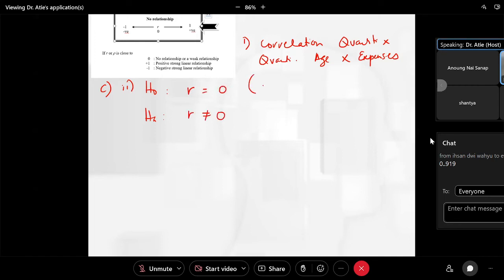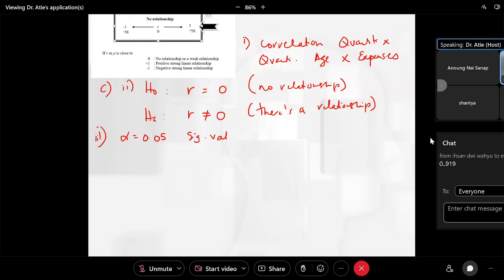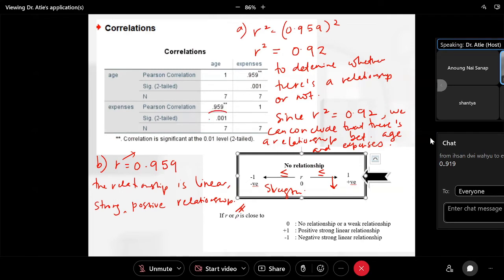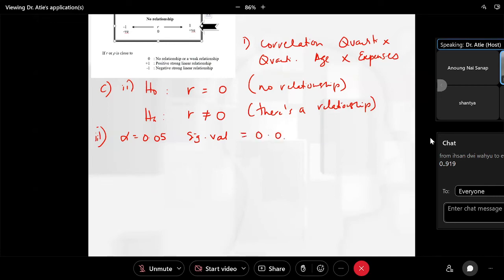What does R equal to 0 mean? No relationship. And R not equal to 0 means there is a relationship. Step 3, we need to look at our alpha, which is 0.05. We are not given the alpha, so we take alpha 0.05. And then the sig value that we got here is 0.001.